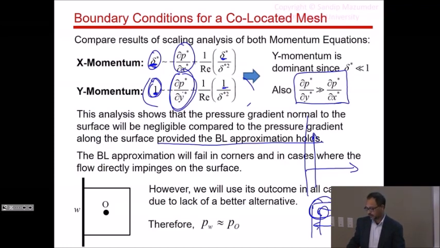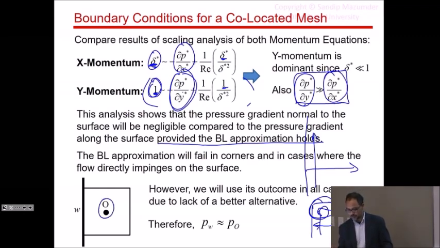Okay, what does that mean? That means since we are saying that dp dy is much larger and dp dx is negligible, that means we are simply going to use this pressure right there. Okay, because in that direction it's hardly changing. So the pressure here that we are calculating, we're going to directly impose on there.